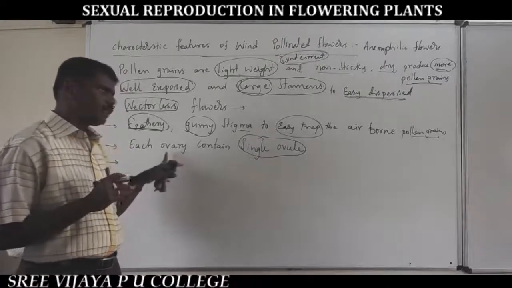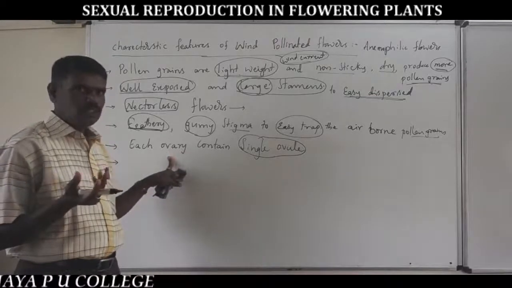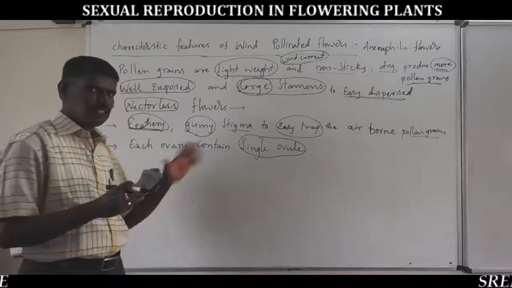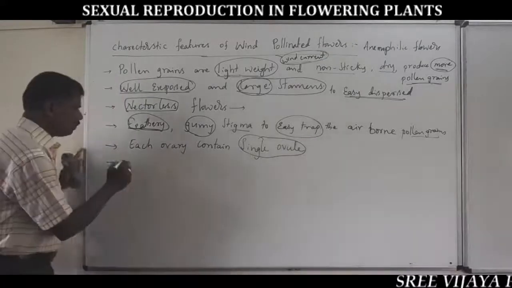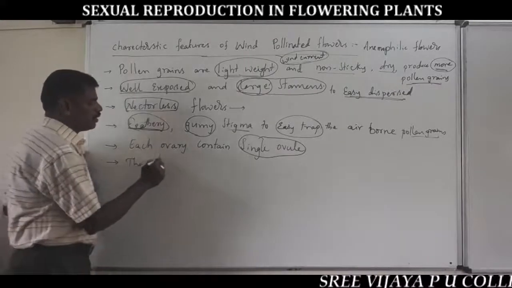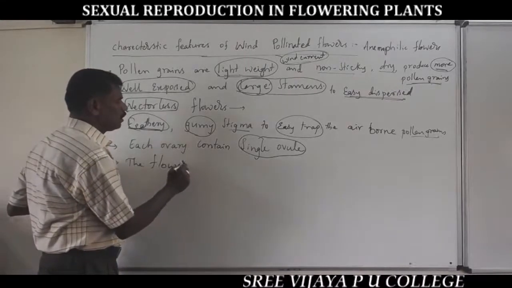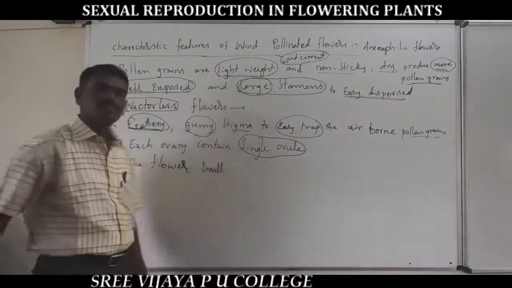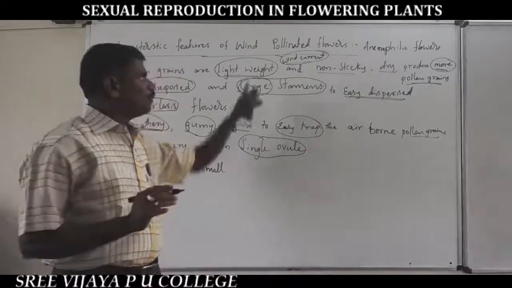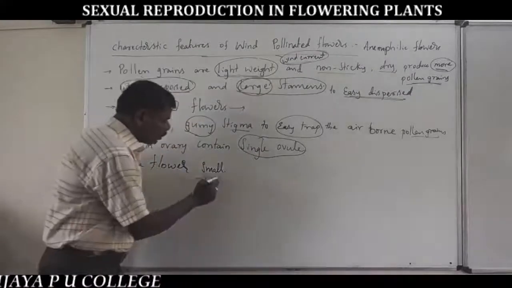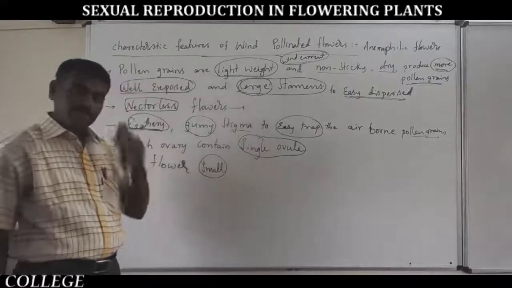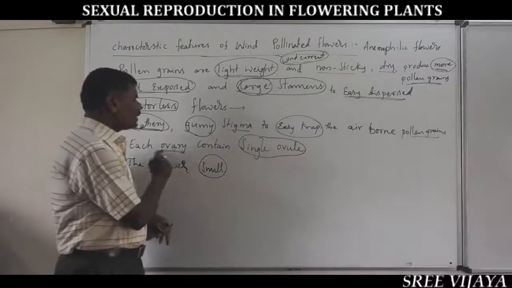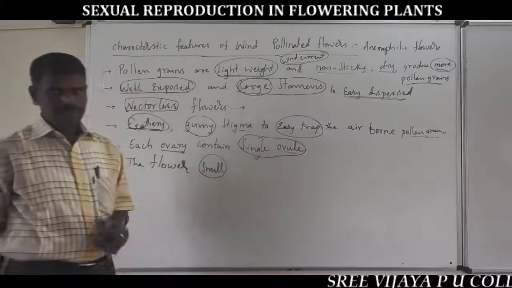If the ovary contains many ovules, the flower would be big. But these wind pollinated flowers are usually small, and in the small flowers the ovary contains a single ovule.